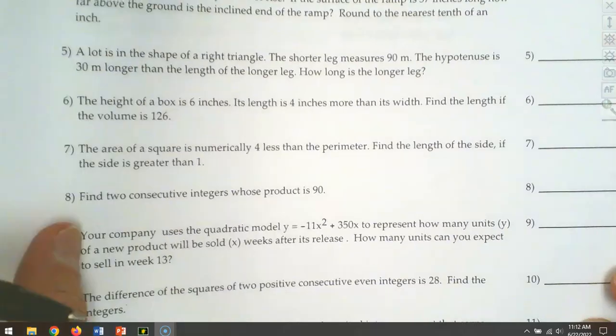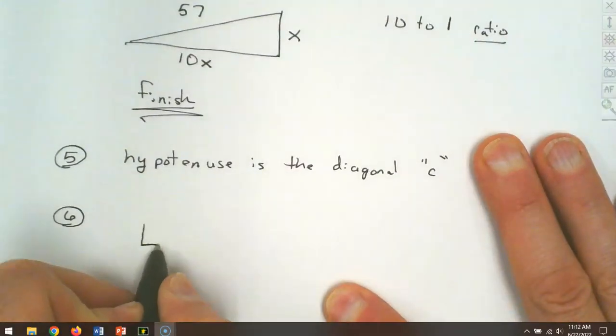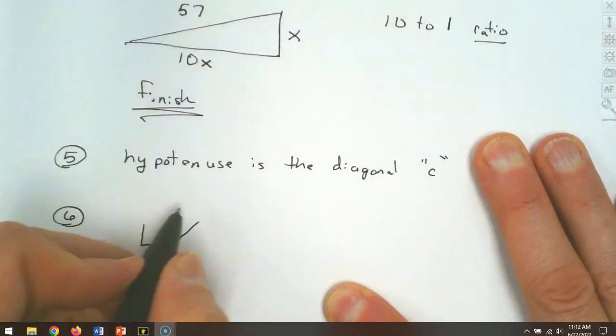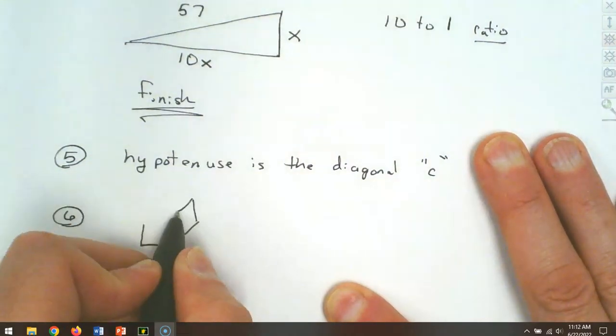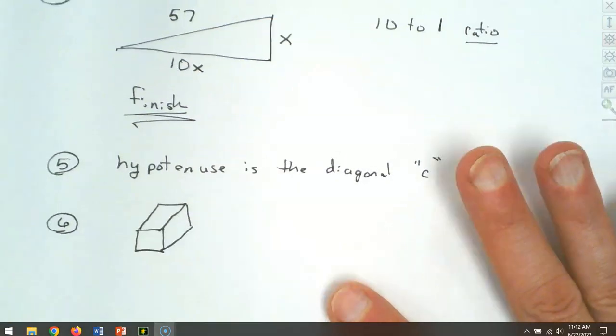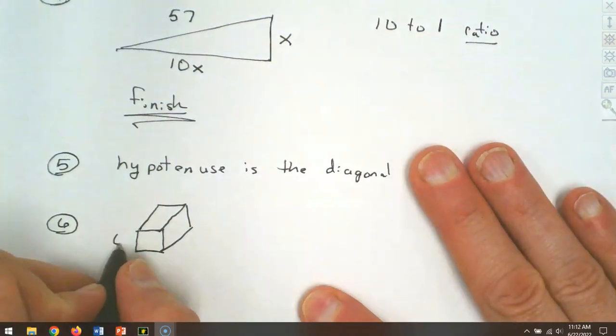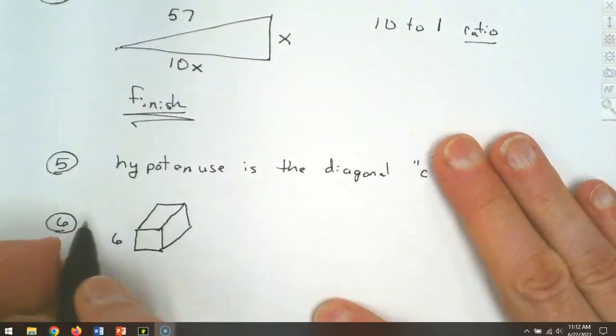So we've got a box, a rectangular solid, so it's going to look like this. We know that this box is 6 inches high, so that's your height.